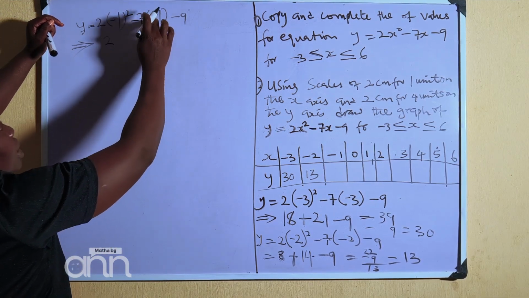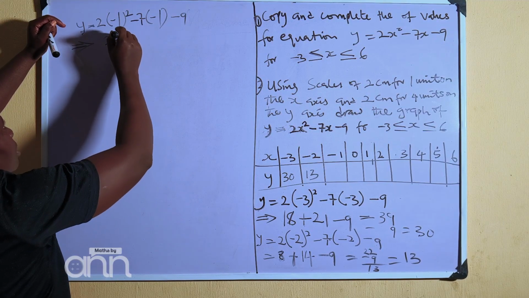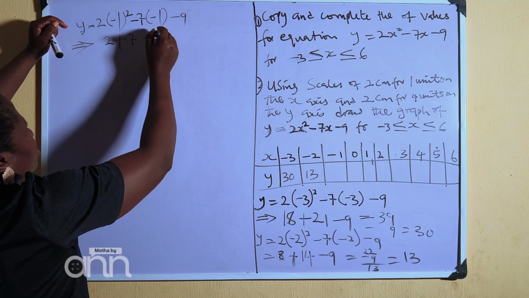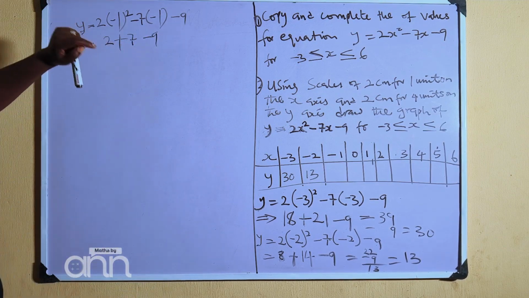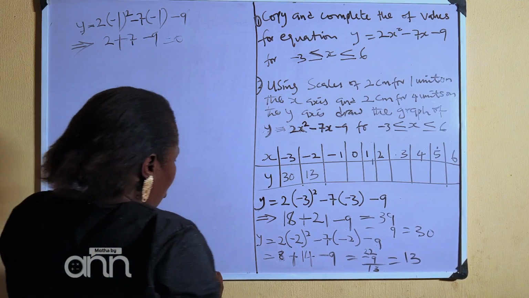Minus 7 multiplied by minus 1 is plus 7, minus 9. 2 plus 7 is 9. 9 minus 9 is 0. You have 0 here.